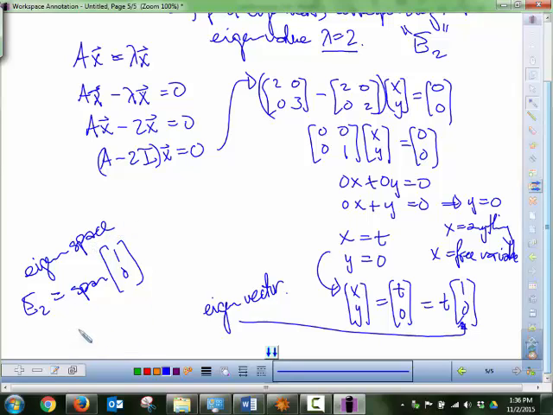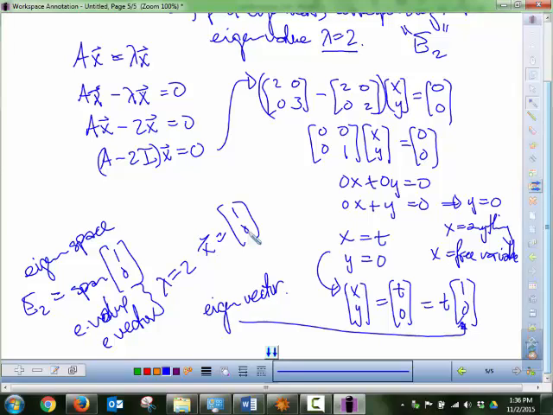But you can say that your eigenvalue and eigenvector combo, say lambda is equal to 2, and your x is equal to 1, 0. Okay, so you would do the same thing for lambda is equal to 3, and then you'll get your other corresponding eigenvector of 0, 1.